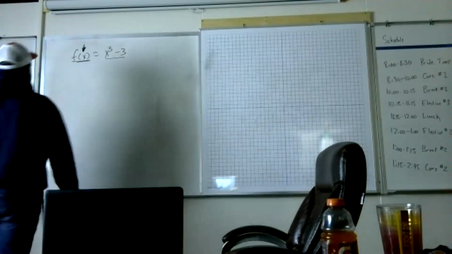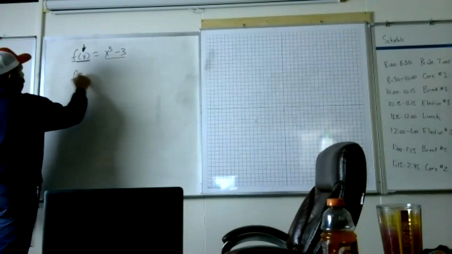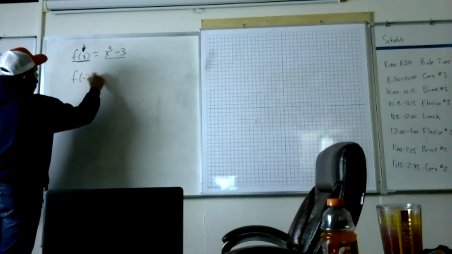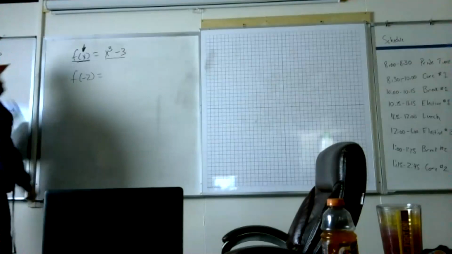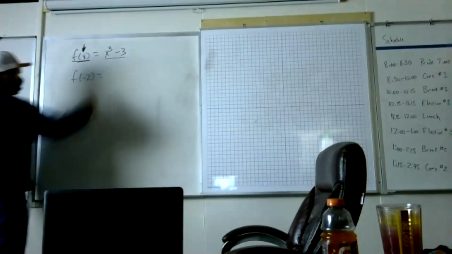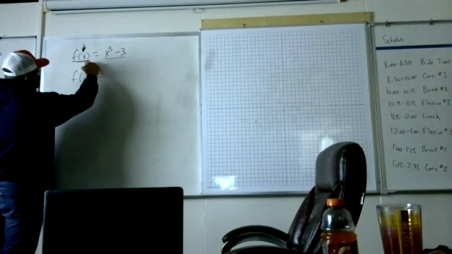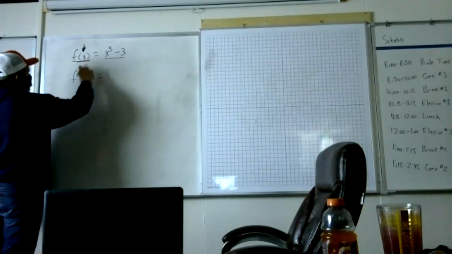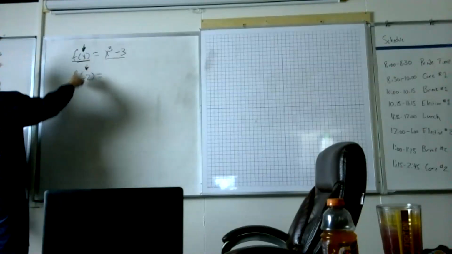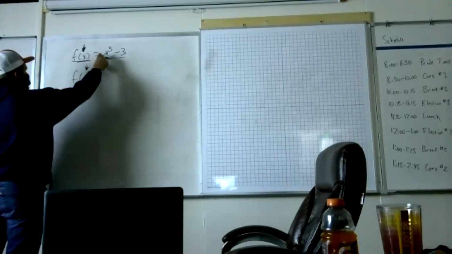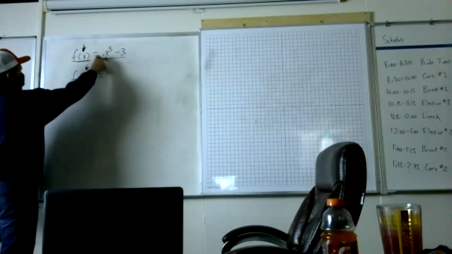Whenever you come across something like this, what is it? It is asking you to take this independent variable, whatever's inside the parentheses, and substitute it for each variable in the dependent variable.